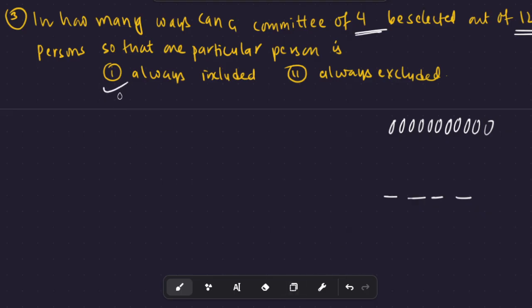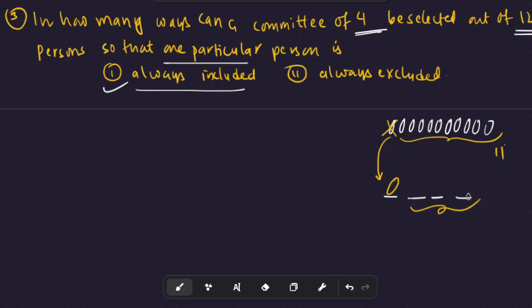Now, what does the first question say? One particular person is always included. Let's include this one first. If this one is included, this will come down. Now, in total, how many are left? 11. And how many should we select? 3. Now we need to select 3 persons out of 11, so we have to find the combination of these two numbers.